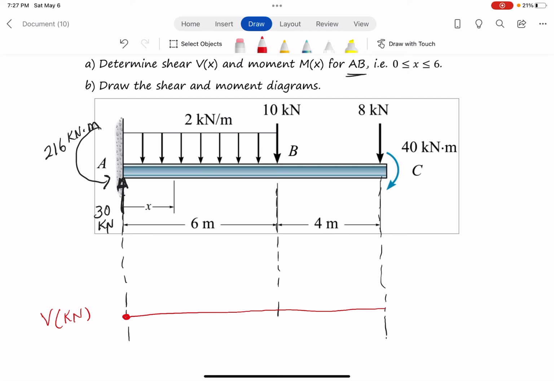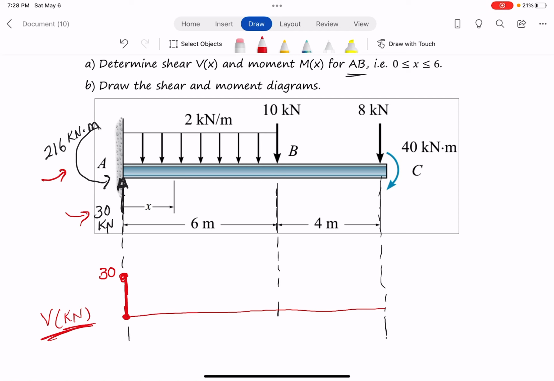And you can see here that you're going to go up 30 kilonewton at that point. So you're going to go 30. Of course, you don't have to put kilonewton because you have the description of the axis. From that point, you don't have to worry about the moment because right now we are drawing only the shear diagram, not the moment diagram.